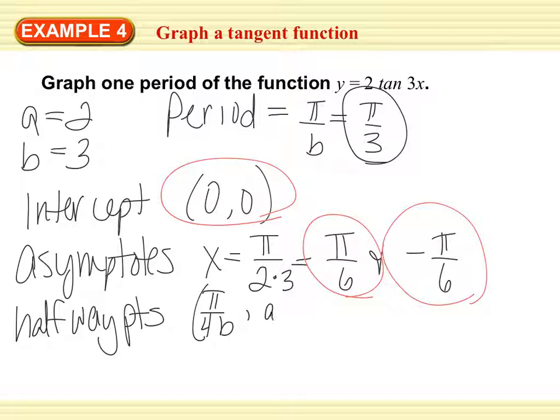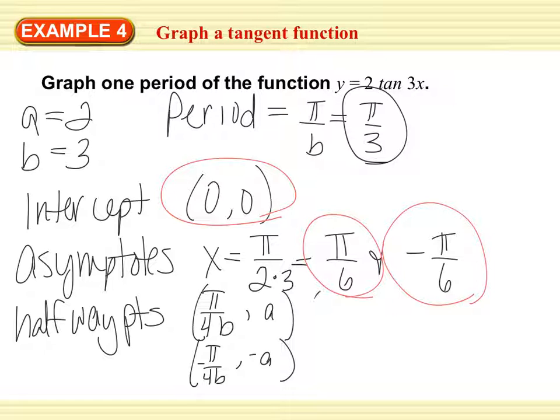Comma a. And negative pi over 4b, so it's the other halfway point. And halfway between is going to be a quarter, right? Comma negative a.